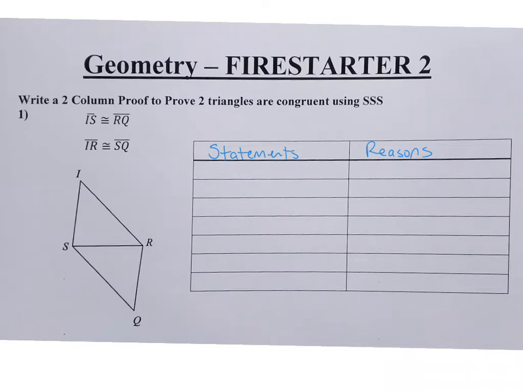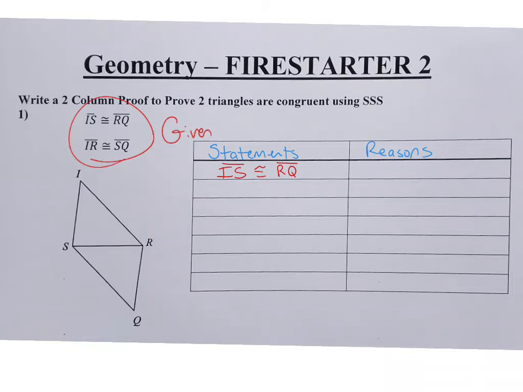So I always start with given information. This is given because it was written on the paper for you. So the first thing I'm going to do is say IS, right? It's got to have the bar over it because we're going to say congruent. So segment IS is congruent to RQ. This is given because it was presented to you.